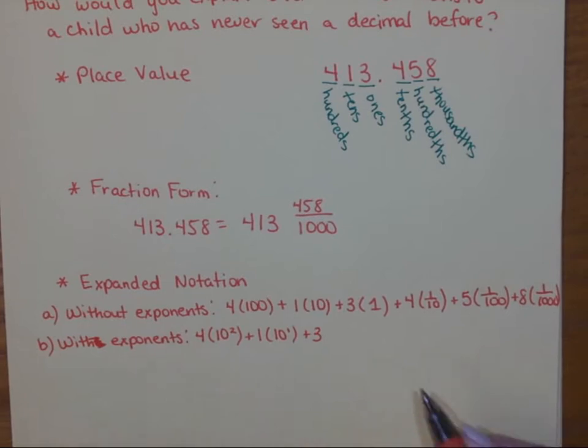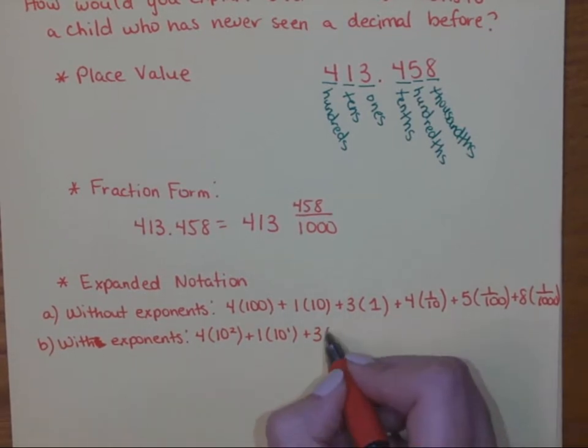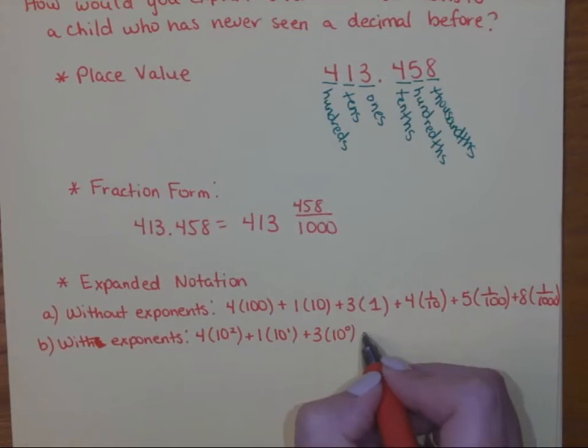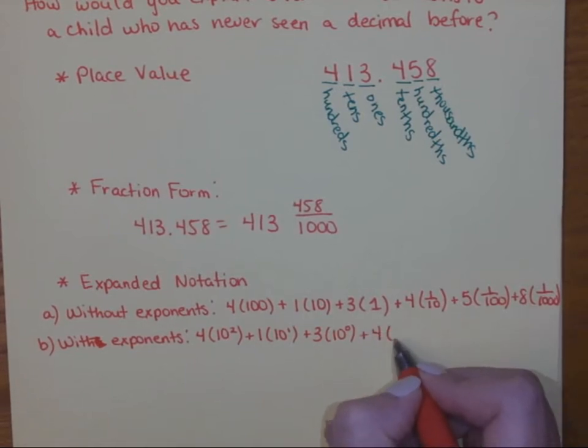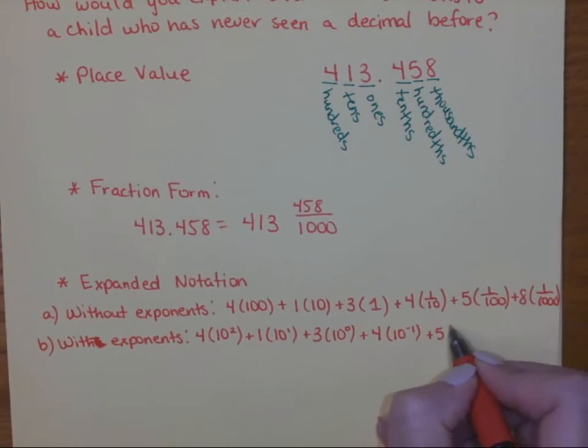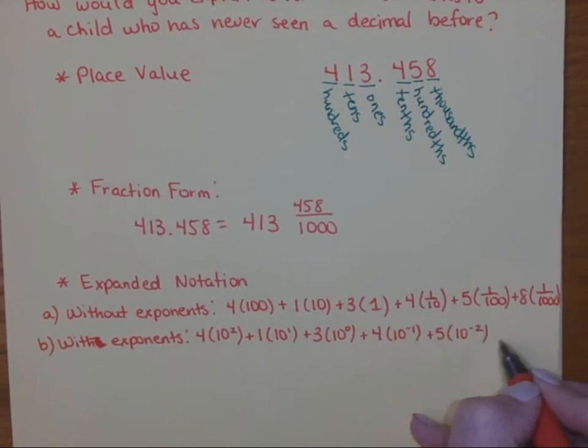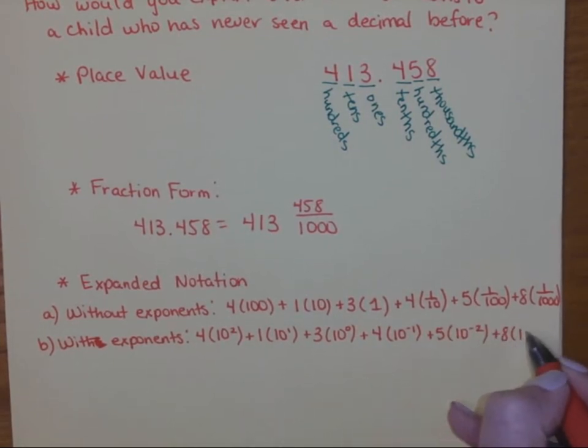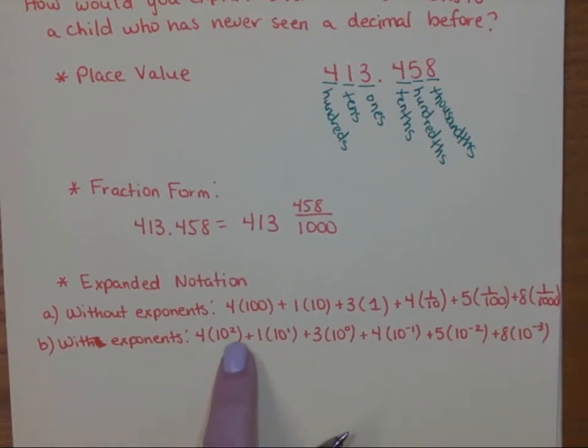The 3 in the ones place, that can be a little challenging. How do you write 1 as a power of 10? Well, it would be 10 to the 0 power. And then we start having negative powers. Okay, negative powers mean fractions. But notice, you could have a student that may not understand all the intricacies of that, but could still figure this out, because notice the powers just go down by 1 every time.